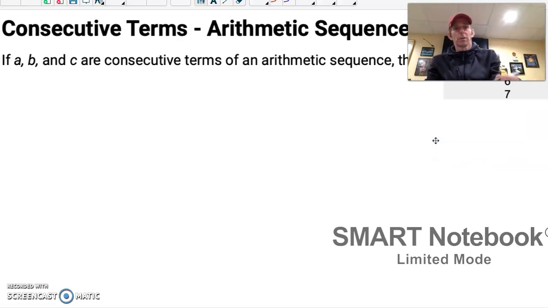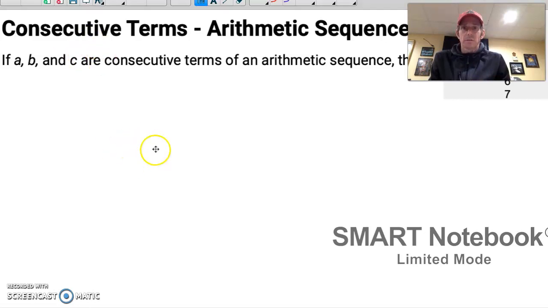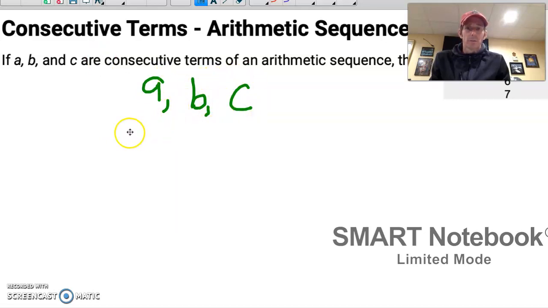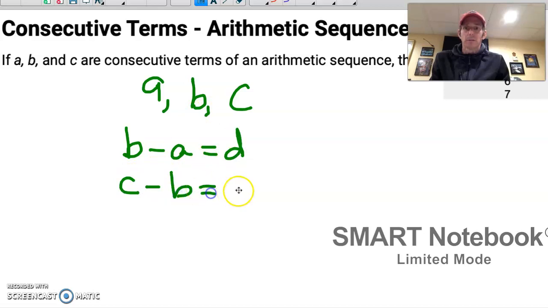So this is another feature that we're going to talk about in generic terms. If A, B, and C are consecutive terms of a sequence, so literally if I had a sequence that consisted of A, B, and C, then what I just showed you with numbers would be true: B minus A would have to equal your common difference, and C minus B would have to equal your common difference.